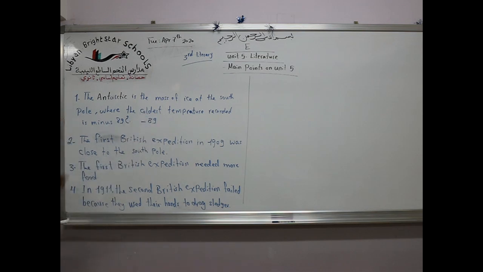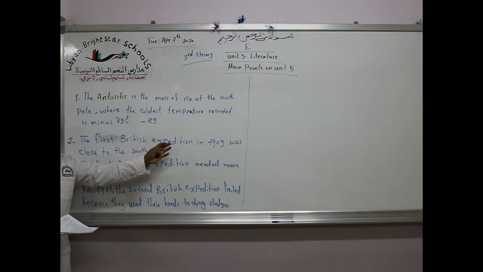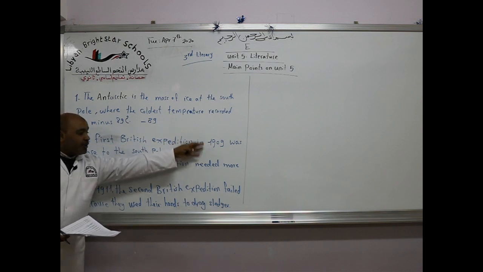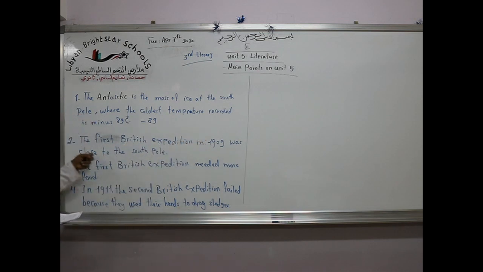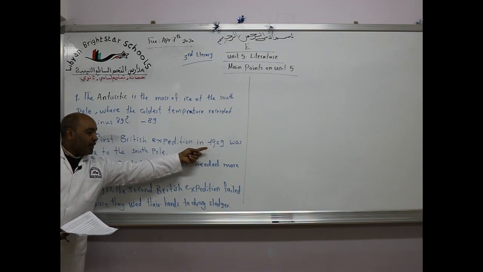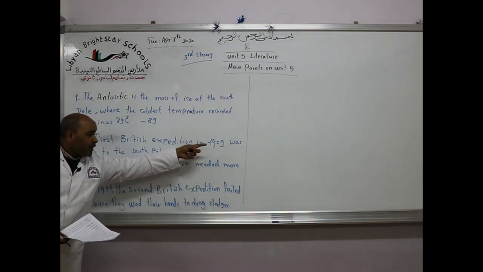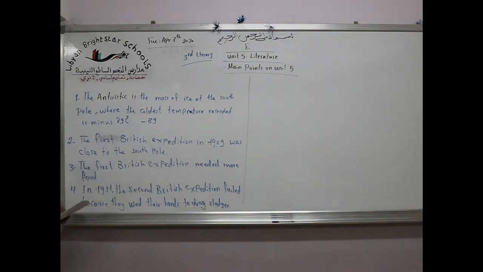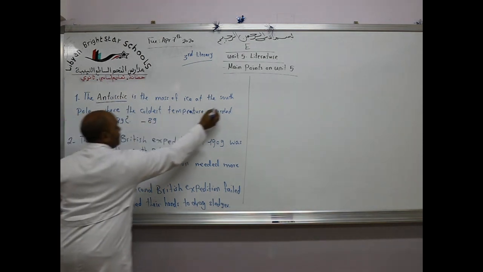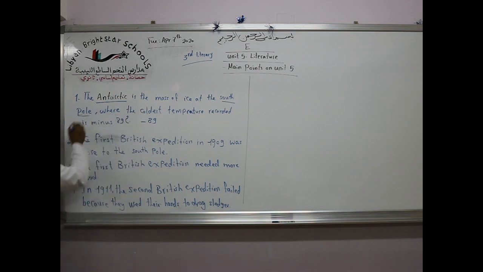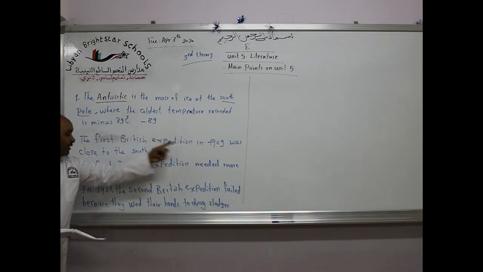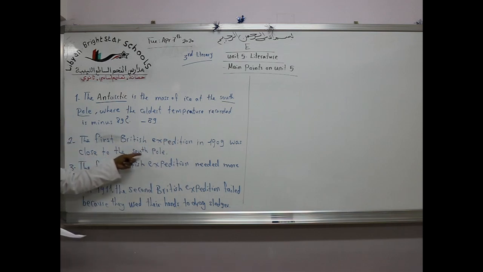The second one, the first British expedition in 1909 was close to the South Pole, meaning the first British expedition was close to the South Pole. So we will pay attention to the word Antarctica and the South Pole. Okay, this is the first one.